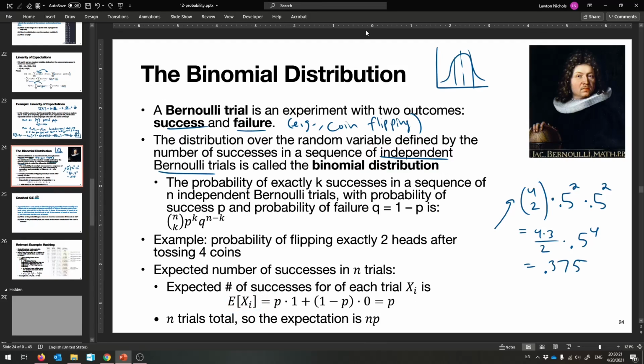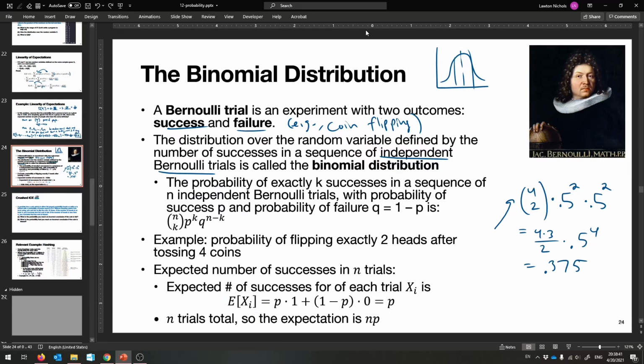Okay, so it's probability of success times 1, because that's what we want the random variable to output if we got a success, and we output 0 if we got failure. So it's that times 0. So this is just p, right? The expected number of successes for a given trial with a given probability p is just p itself.